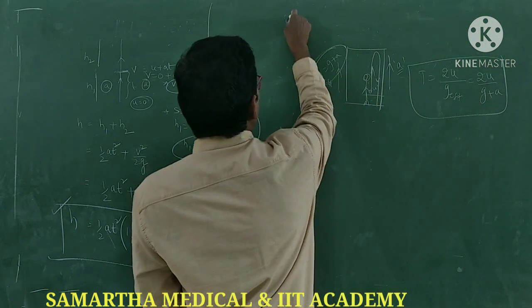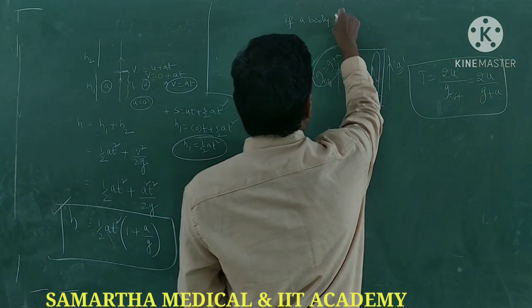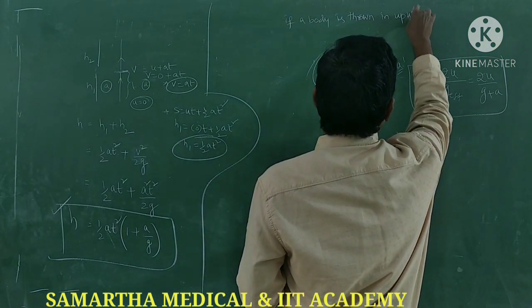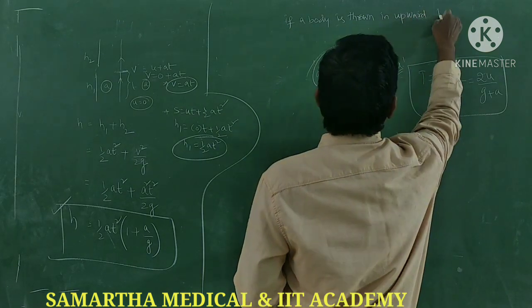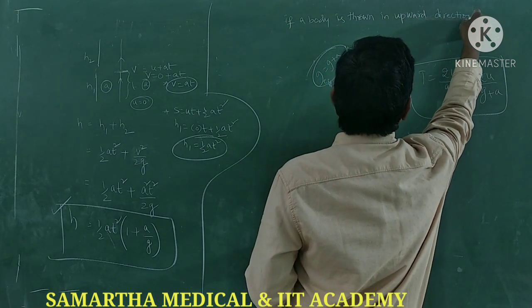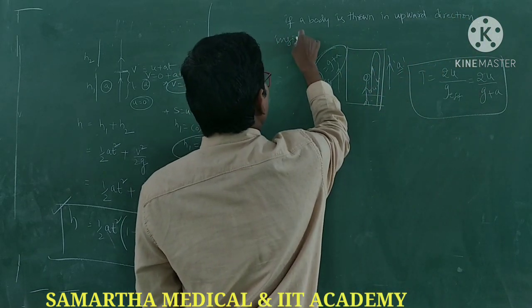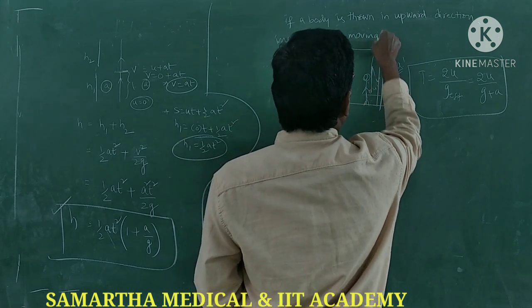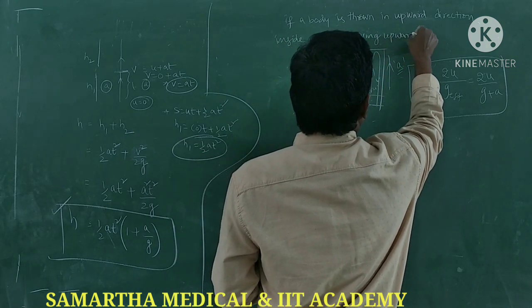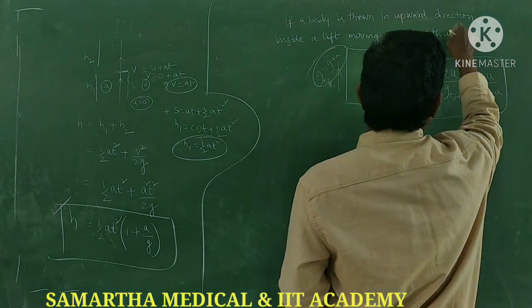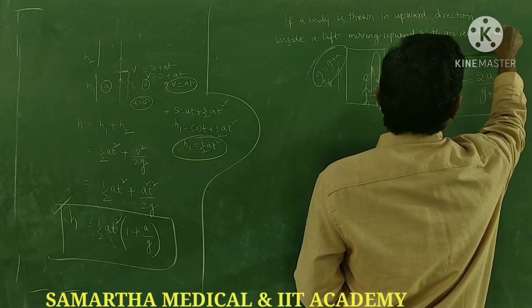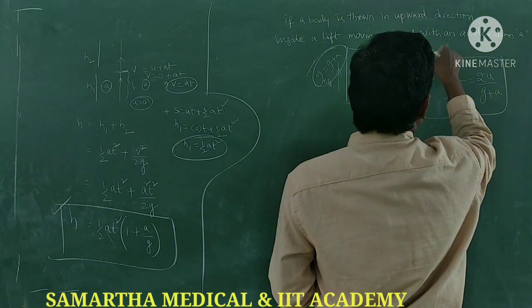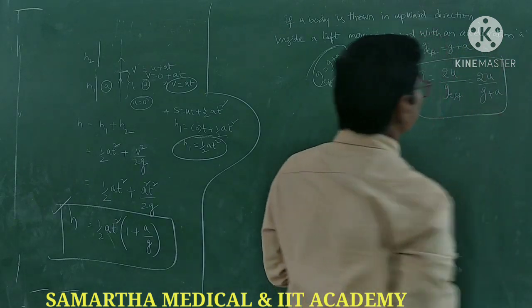If a body is thrown in the upward direction inside a lift moving upward with an acceleration a, then g effective is equal to g plus a.